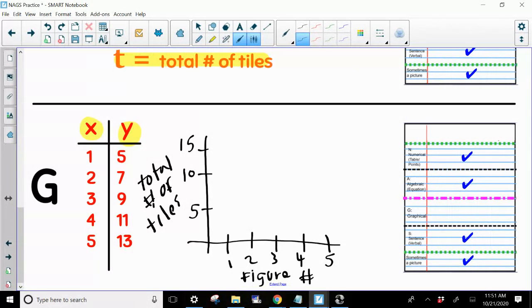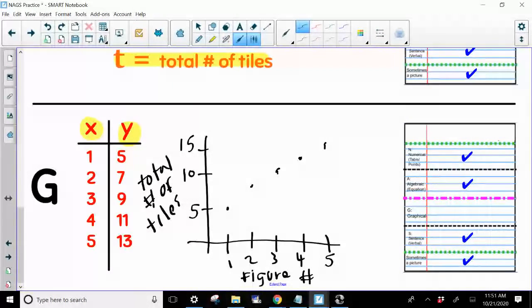At this point now we want to plot our points. We have 1, 5. Make that a little bigger. We have 2 and 7. We have 3 and 9. We have 4 and 11. We have 5 and 13.